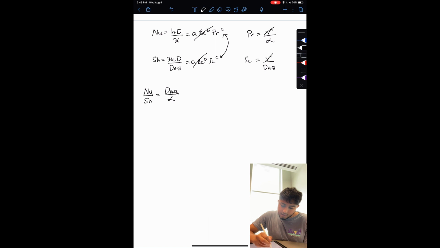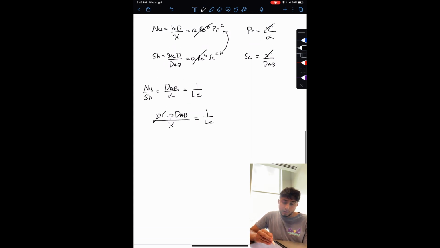We can also say that this is equal to 1 over the Lewis relation. And in the problem that relates to the dry and wet bulb, we can also say in moist air that the density multiplied by its heat capacity multiplied by its diffusion coefficient over its thermal conductivity is equal to 1 over the Lewis relation.